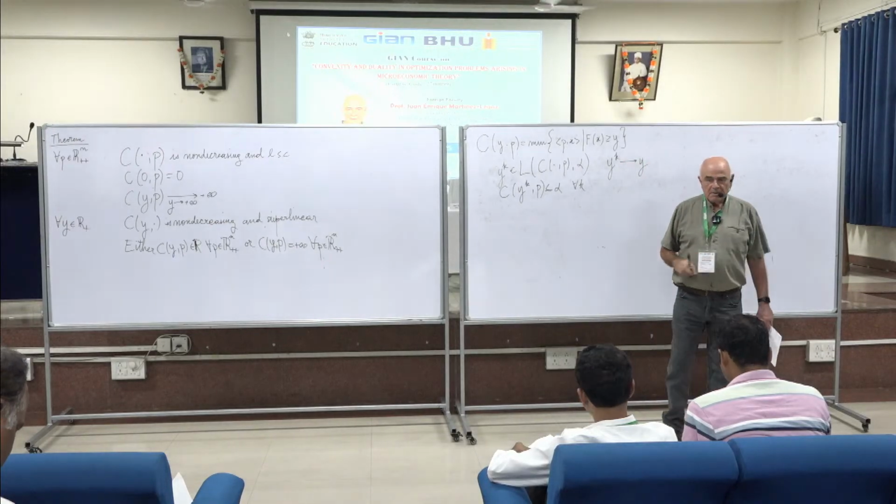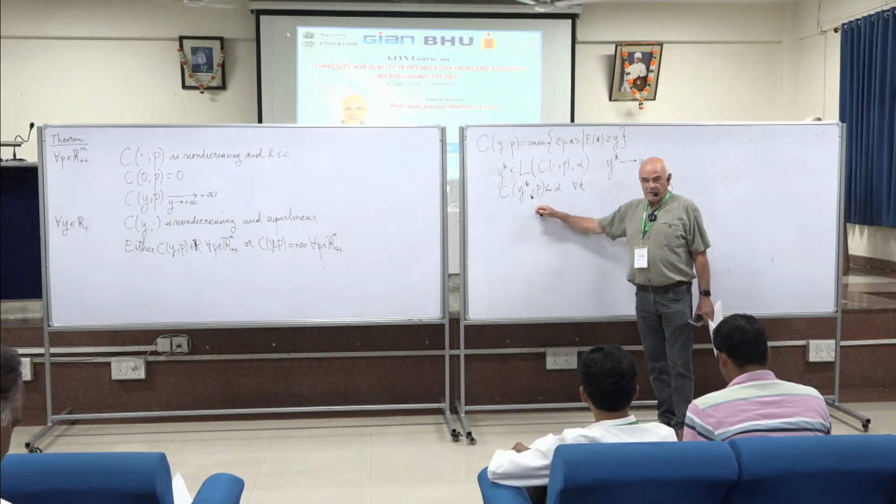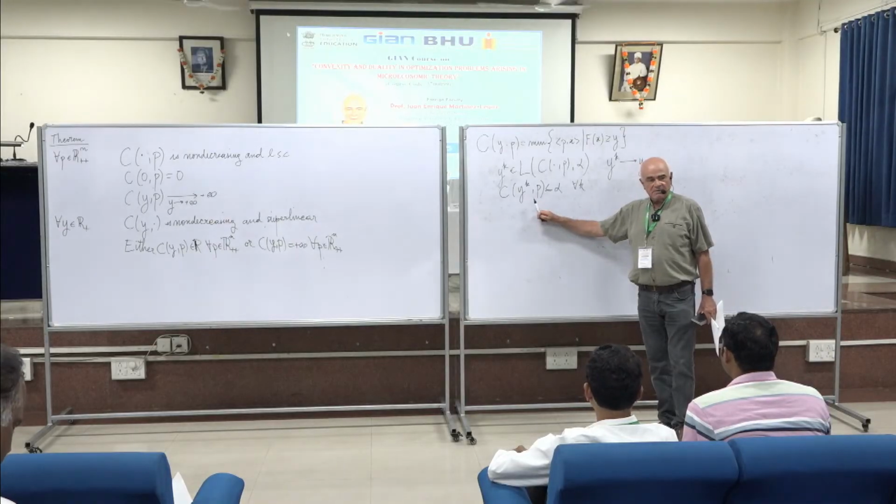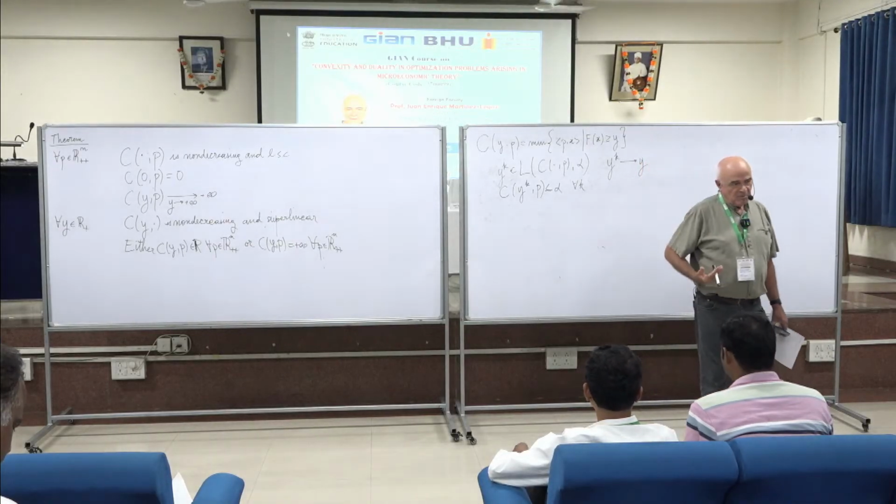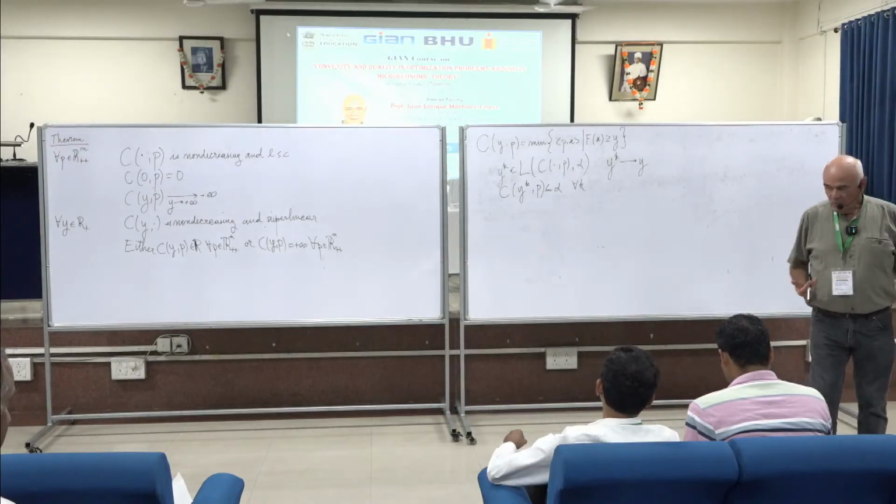Okay? By the way, less than or equal to alpha, this means that it's not plus infinity. So the minimum is a real minimum with attainment. Okay?